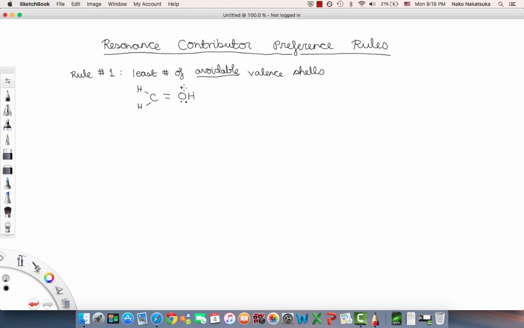And there's a positive formal charge on this oxygen, which you can figure out if you calculate the formal charge using the equation that I showed you before. And then the resonance structure for this would look like this, where you have CH2 plus with a positive charge on the carbon, because this is now a single bond, and you have 2 lone pairs on the oxygen. So basically, we push this onto the oxygen.